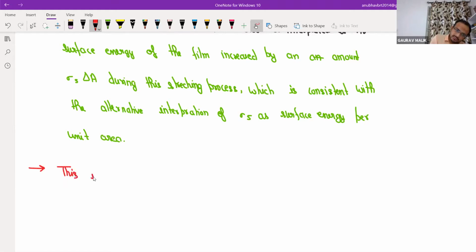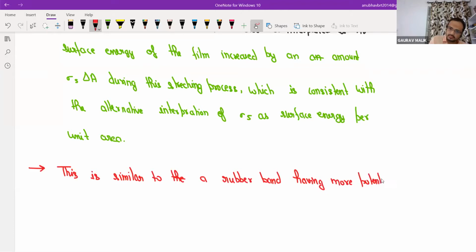Write down, this is similar to a rubber band having more potential energy after it is stretched further.